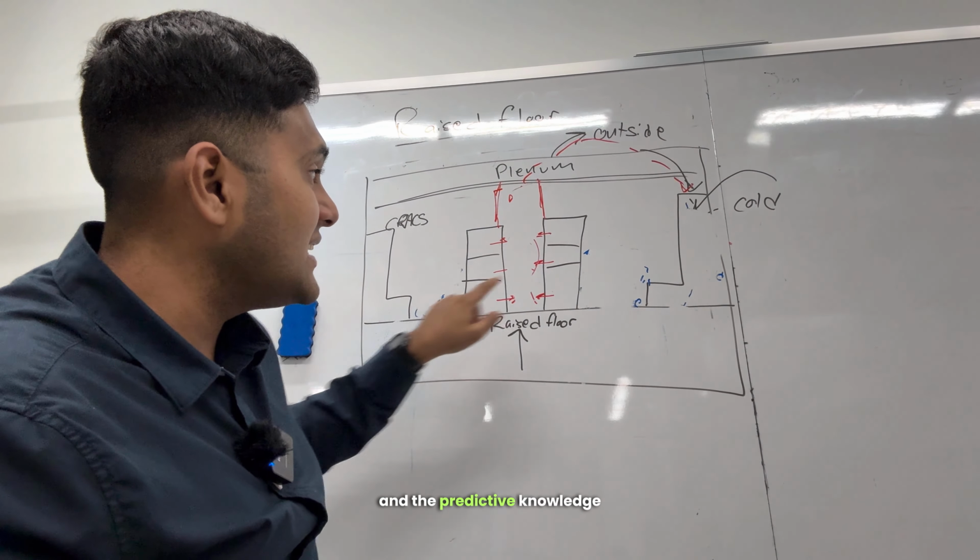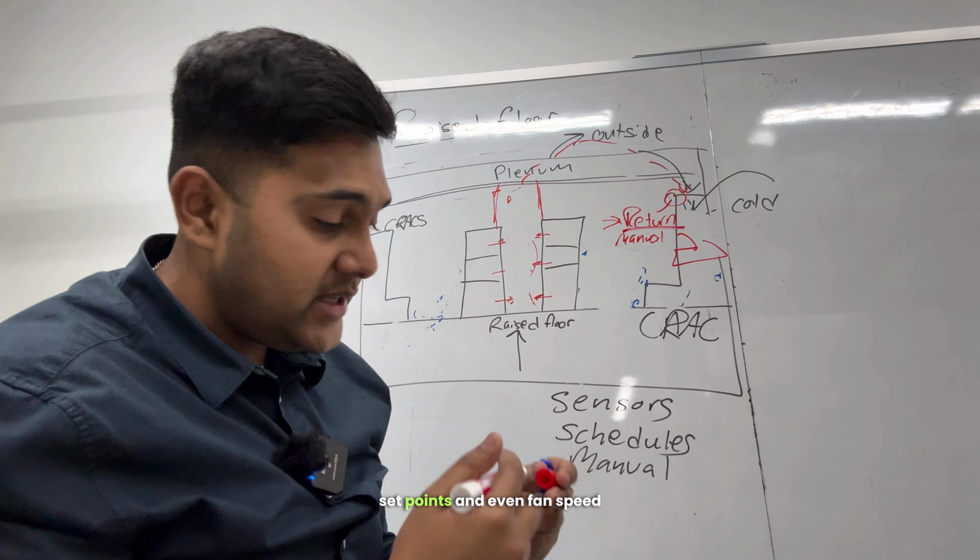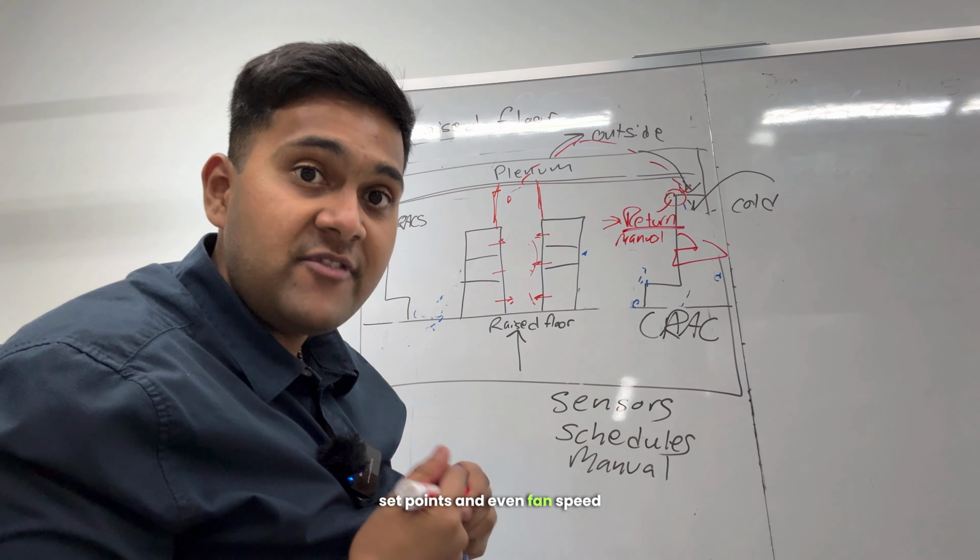This sensor is pre-configured with a set point that's manually operated. Once this return sensor of the hot air gets a reading, internally it will set points and even fan speed on how hard this cooling system runs. So that's where you will have set point logic and your cooling capacity set.